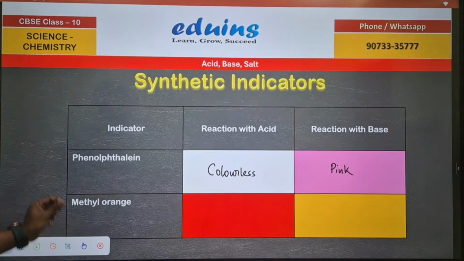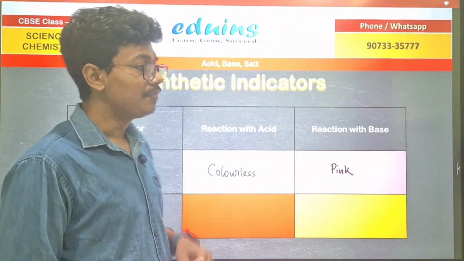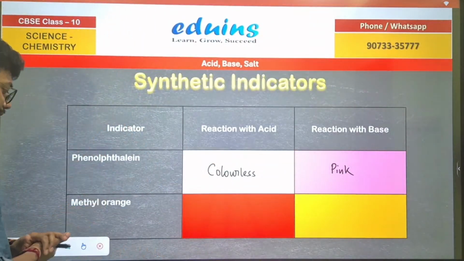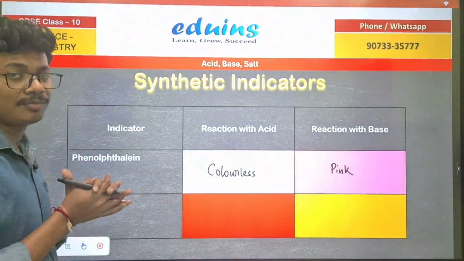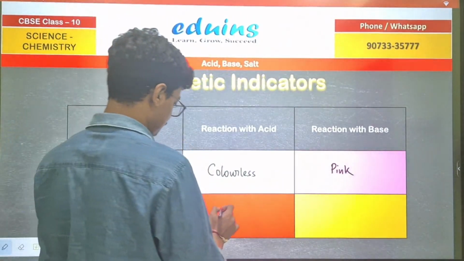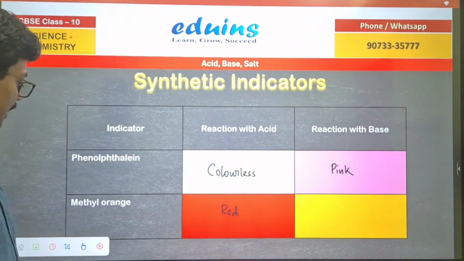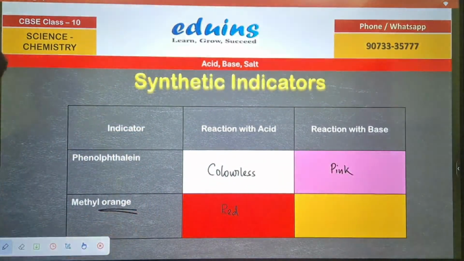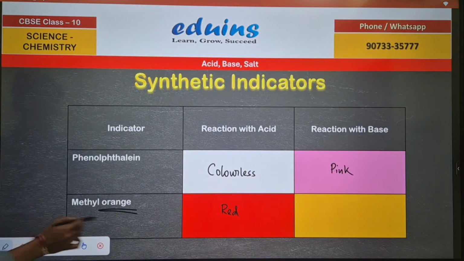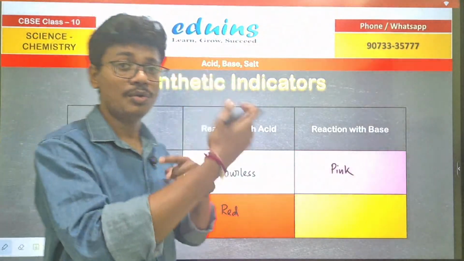Now the next one is methyl orange. What is methyl orange and how does it help? In case of acidic medium, the methyl orange changes its color into red. Methyl orange is orange in color, and the orange color changes into red color.